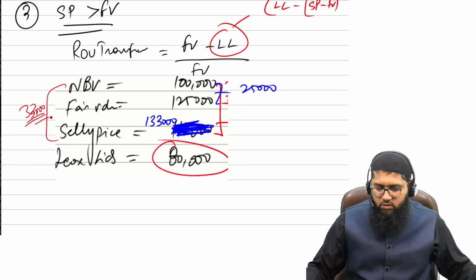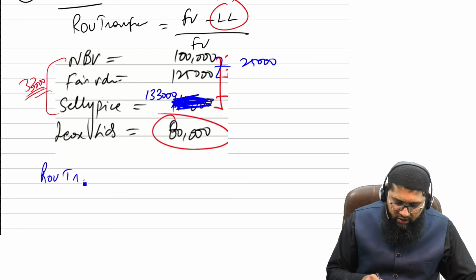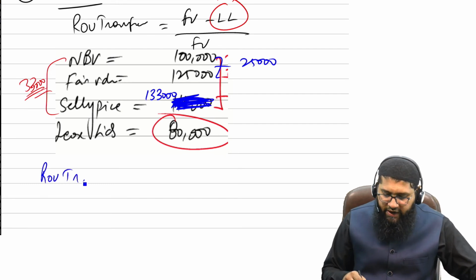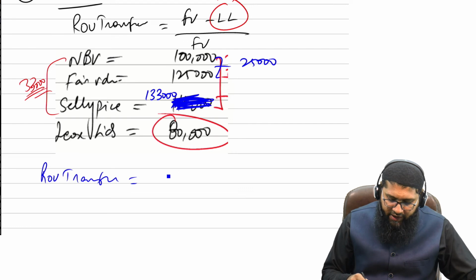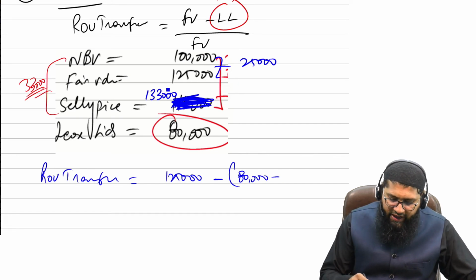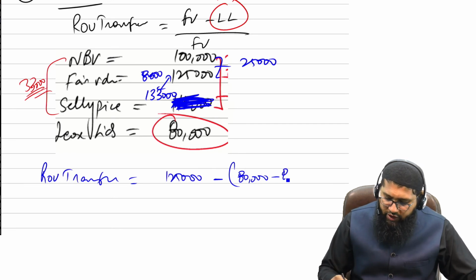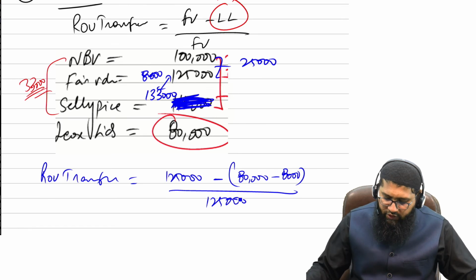So what are you going to do? First of all, let's calculate the right of use of the asset transferred. It's going to be 125,000 minus 80,000, the lease liability, but here you have got an extra 8,000 amount. So you minus 8,000 from it, and divide by 125,000.